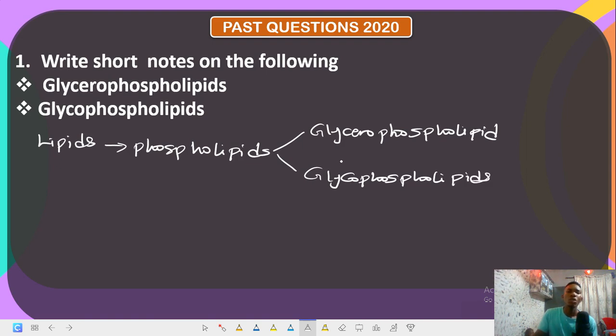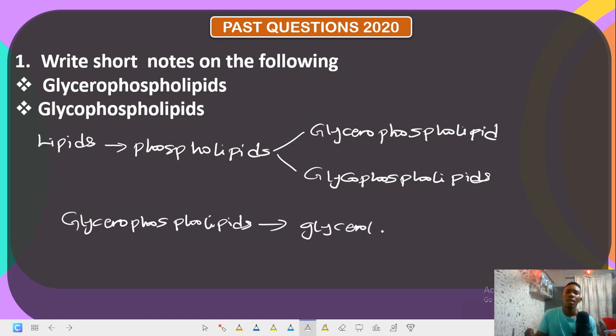Now we said glycerophospholipids are lipids that have glycerol as their backbone.